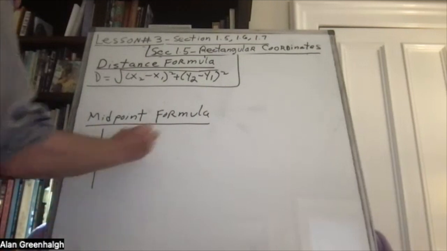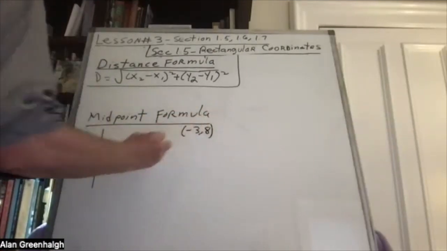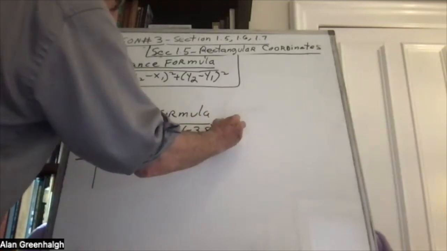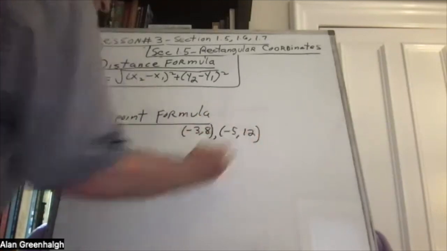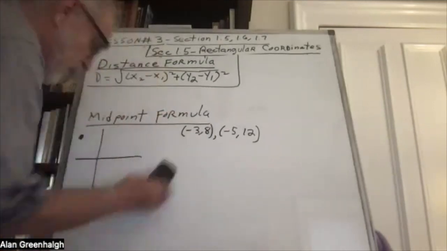Let's take this point. Let's take the points -3, 8 and -5, 12. Okay, so -3, 8 would be like over here, a little higher probably, but I'm running out of room. This is a really terrible diagram.